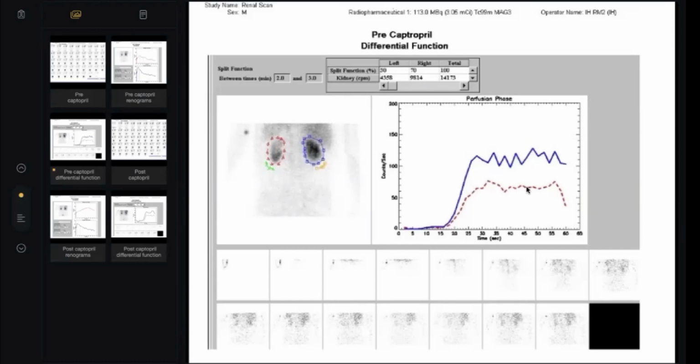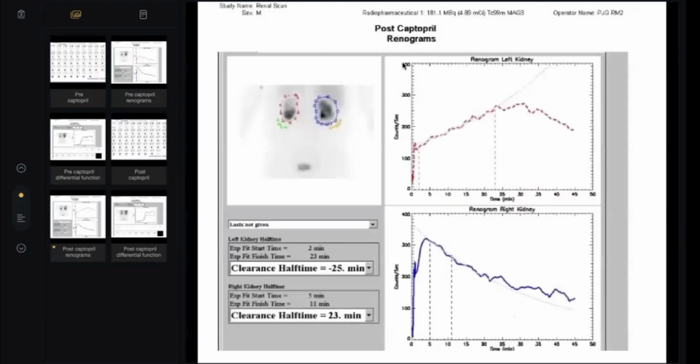Okay? Step by step. Sorry if my style is slow now, because this renogram is a little bit complicated. Look here. What is this, doctor? Post-captopril. What happened? This is the right, this is the left. Tell us. This is the post-captopril.